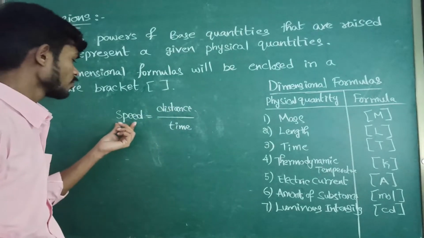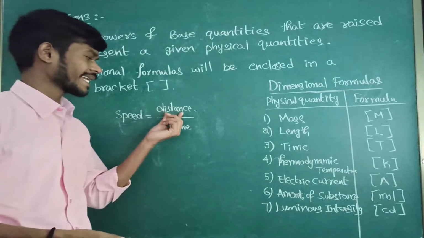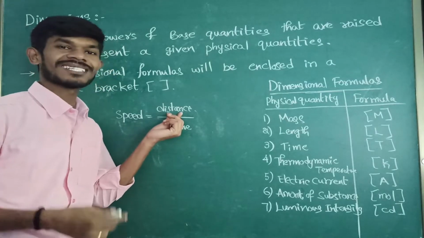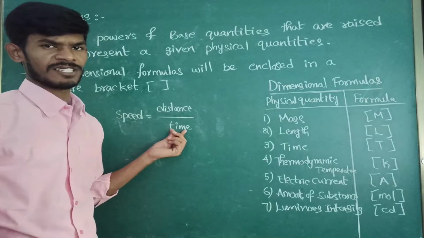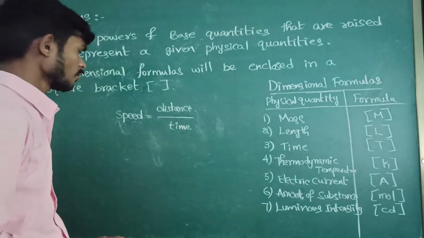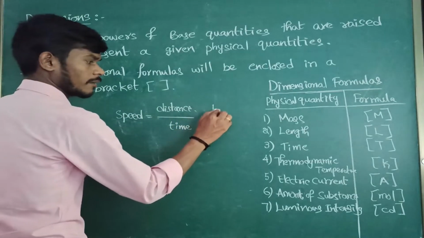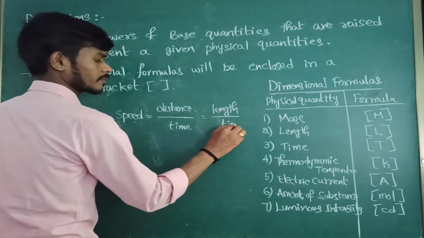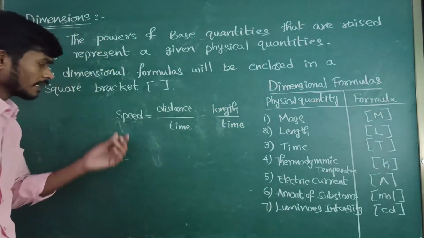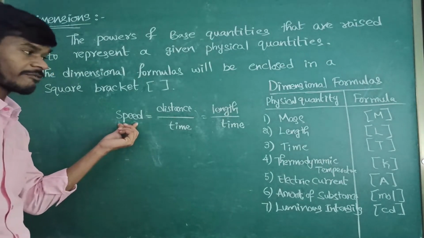So to derive the speed, we are considering two base quantities. One is distance, which comes under length, and time is the other physical quantity. If you observe here, we can write this as length by time also. The speed is a derived physical quantity.